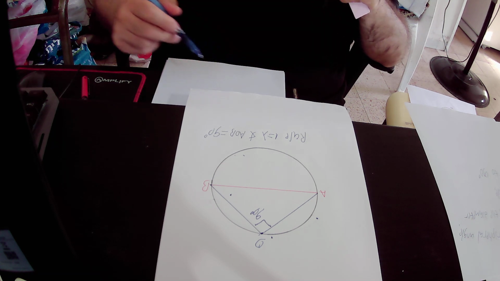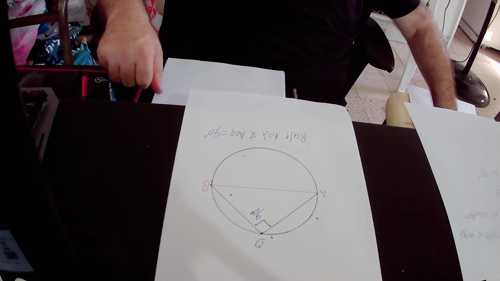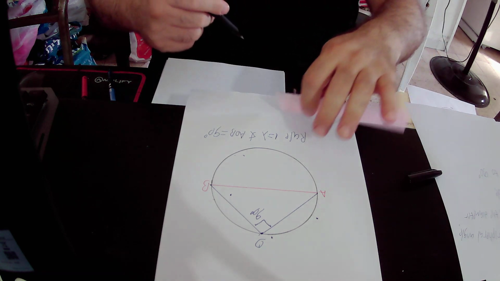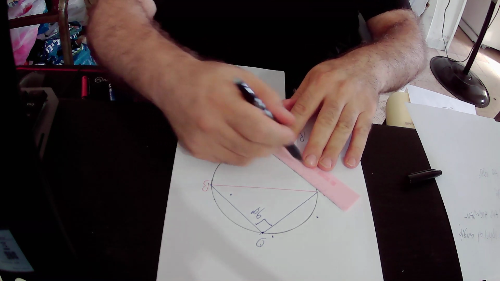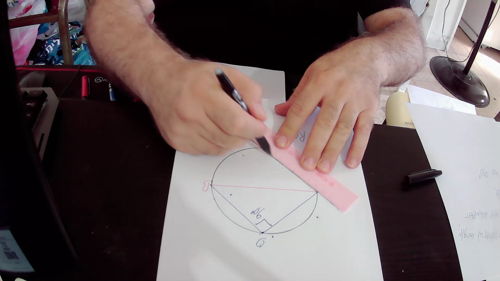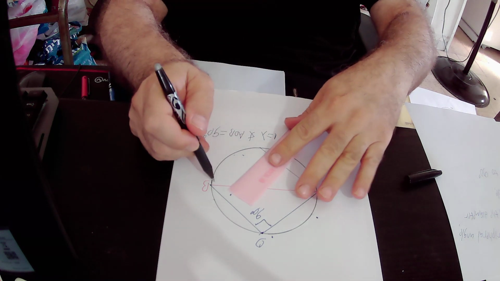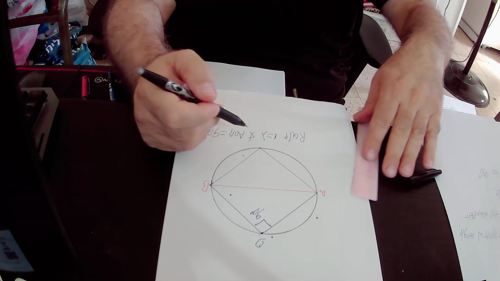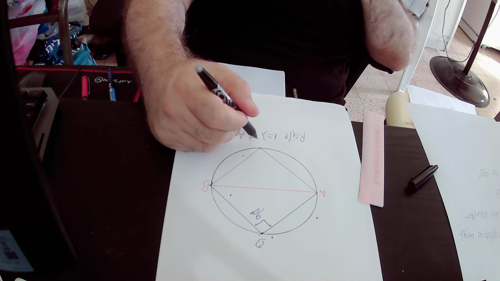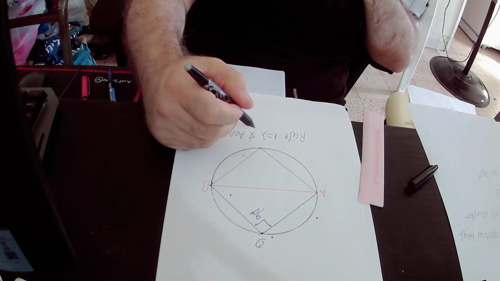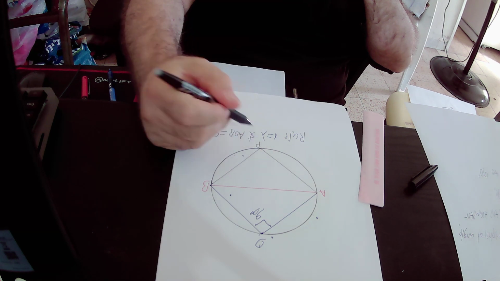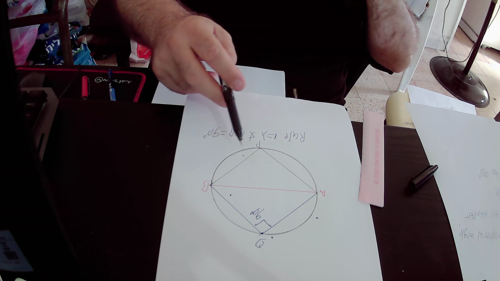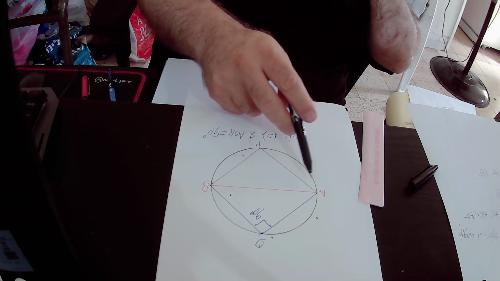And I will give you another example of an angle that rests on the diameter of the circle. Actually, angle APB rests on the diameter of this circle.